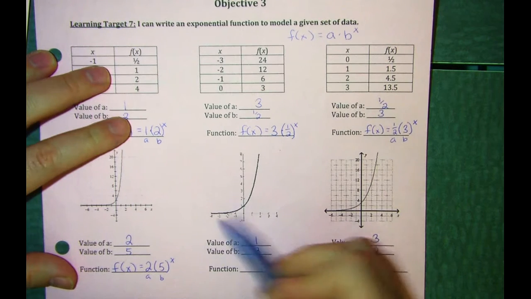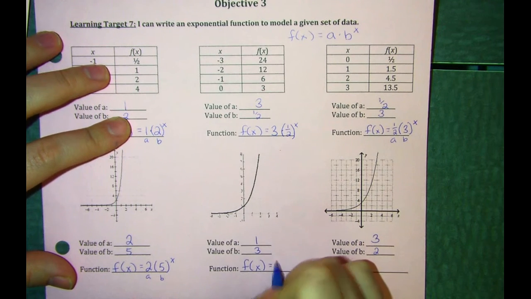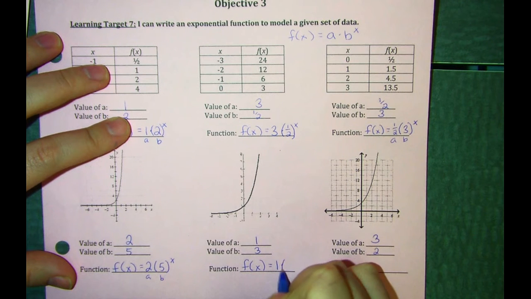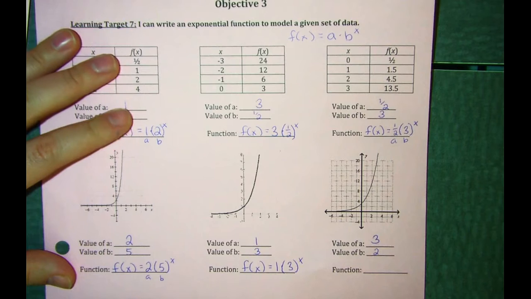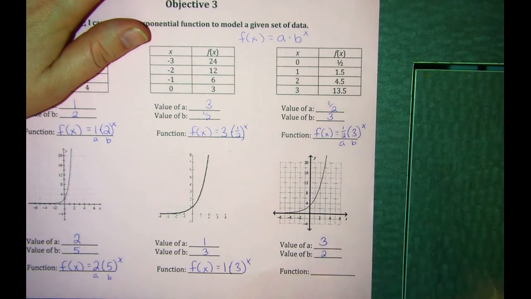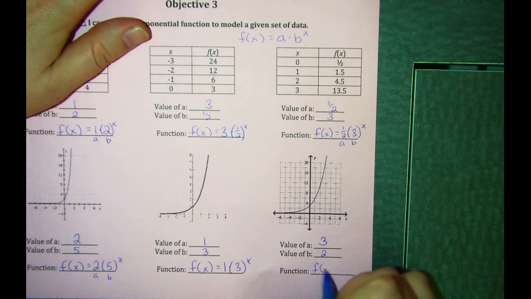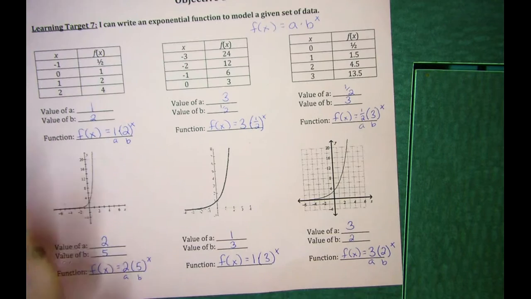The function that would create this graph would be f of x equals the A value times the B value to the x power. And the function that would create this graph with this A and B value is f of x equals A times B to the x power. Remember, that's my A value and that's my B value.